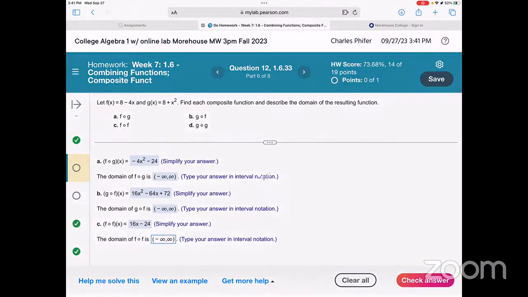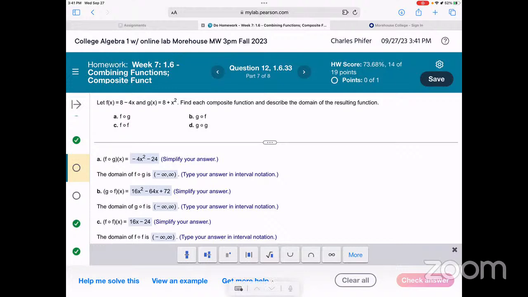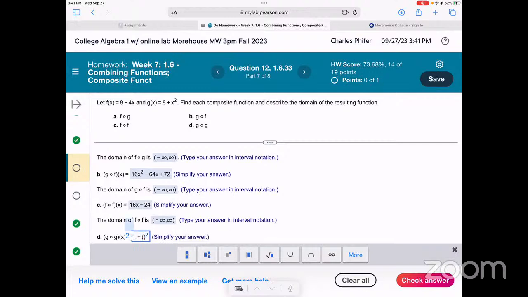g of g, so we're going to write g like normal, but use our blank parentheses, 8 plus x squared. Nope, blank parentheses. Then into the blank parentheses, we put g again, which is another 8 plus x squared. Okay. So then if we expand this, the first 8 persists.